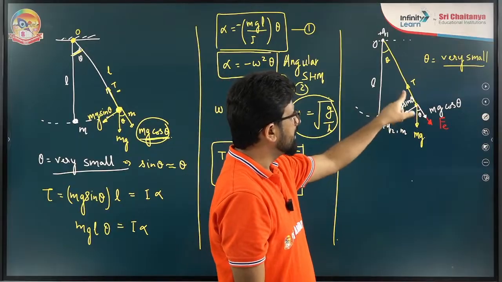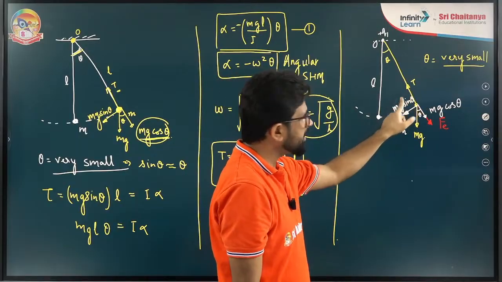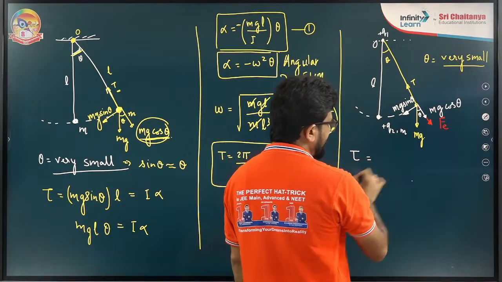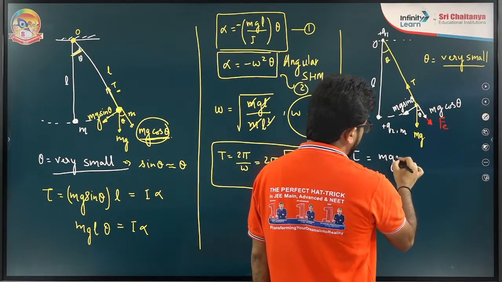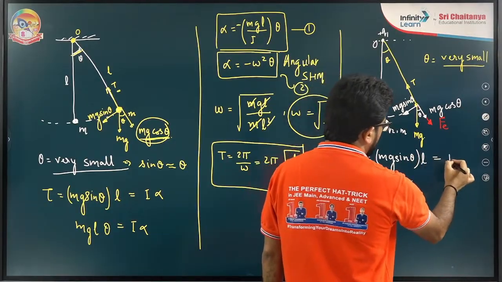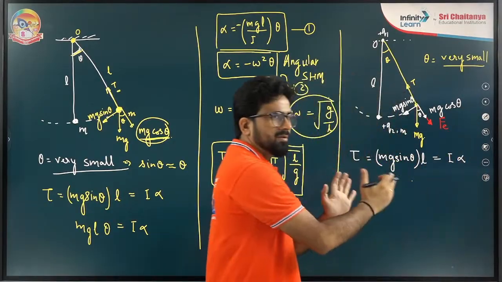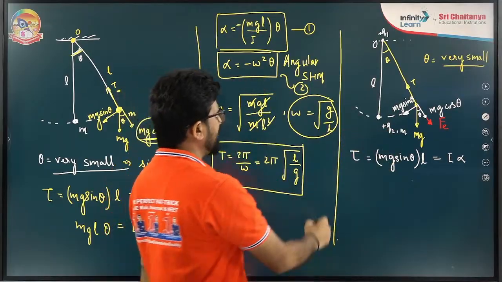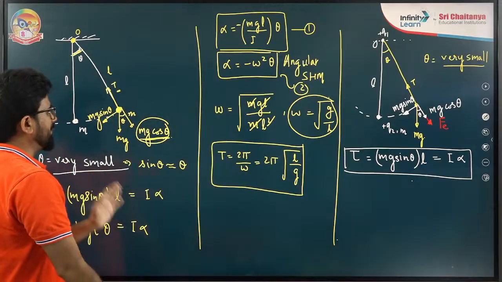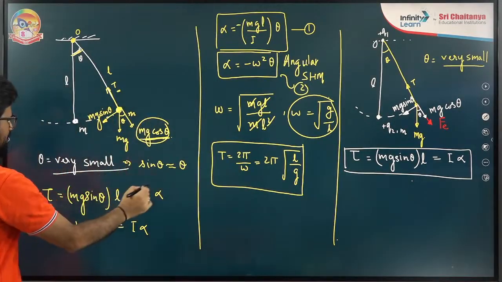Who is giving the torque here? Mg sin theta. Again you will say mg sin theta into L is equal to I alpha. This is the same torque we are writing. Now check the left hand side. We are writing the same torque here also.